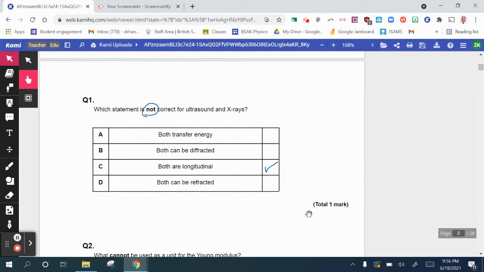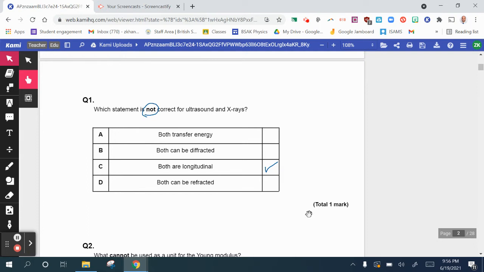So wave properties are they can reflect, refract, and diffract. So both are waves, regardless of longitudinal or transverse. Both can be diffracted. Both can be refracted. So as I just said, all waves can be diffracted, refracted, and reflected.